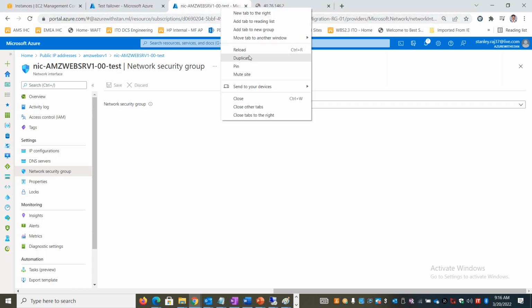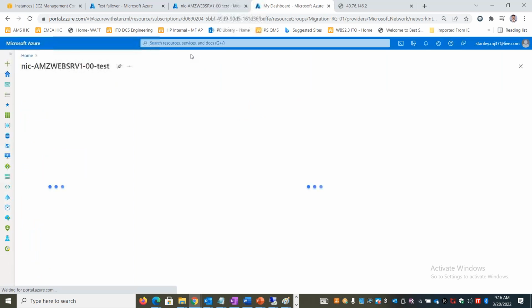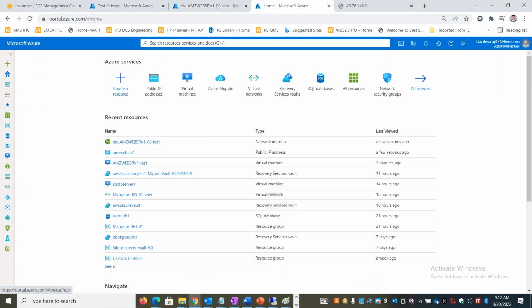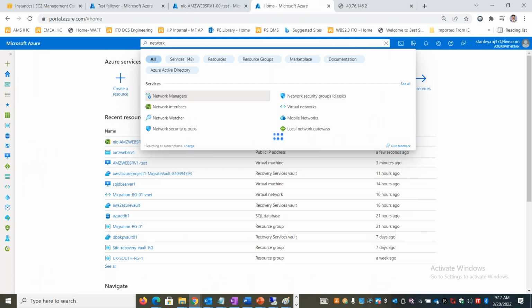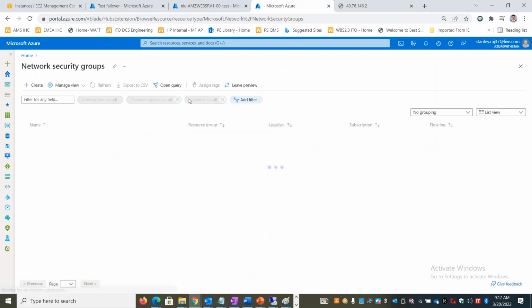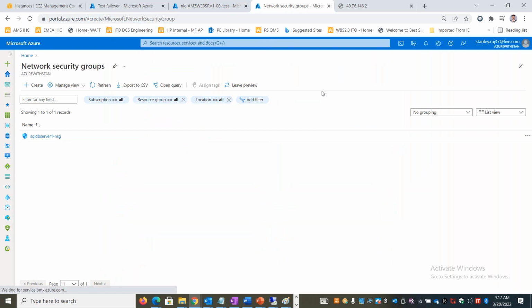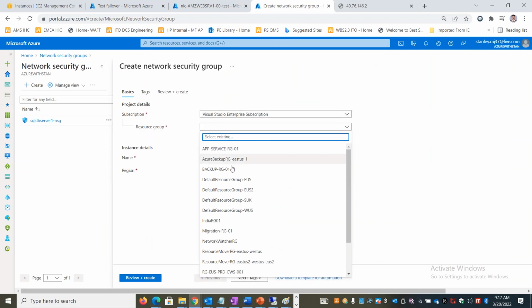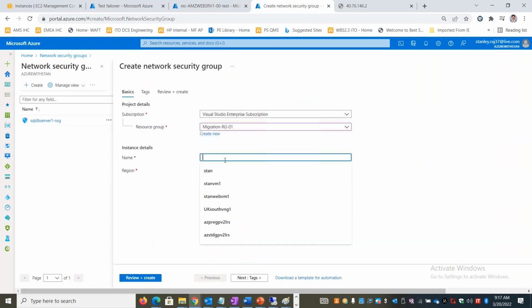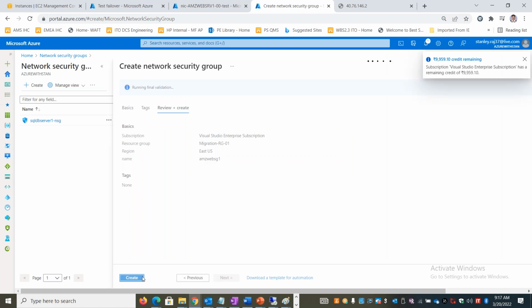That's okay. I'll attach it to a network security group. In order to do that, I can duplicate and create a network security group for my web server. I can allow the HTTP traffic for that particular security group so that I will be able to access it.